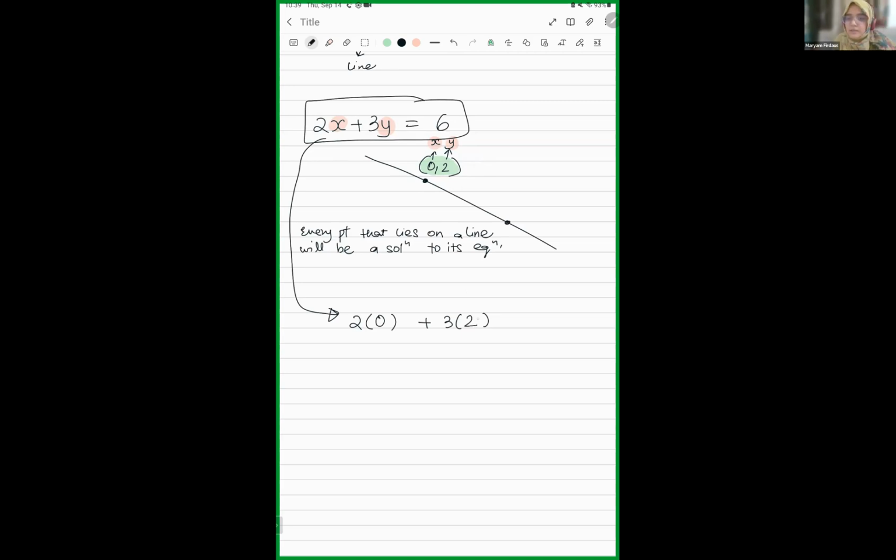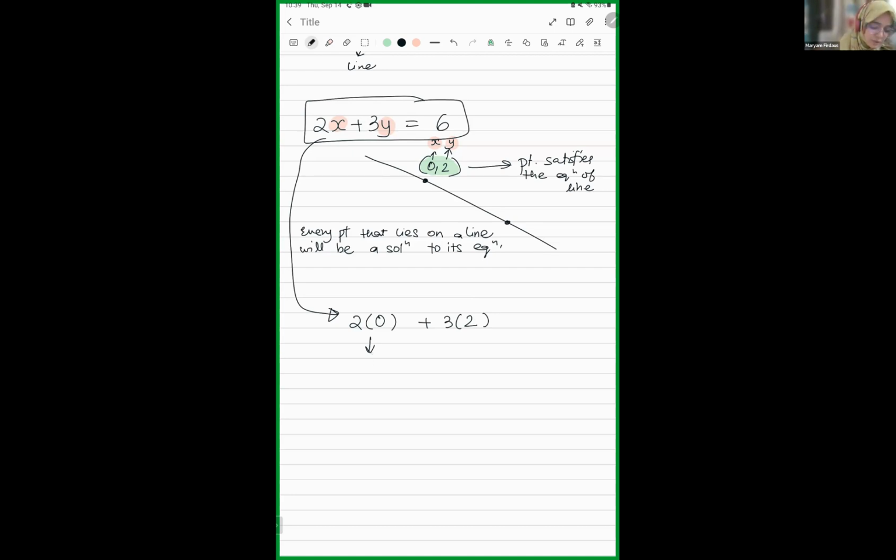Now this should be equal to 6. If it is equal to 6, we say that this point satisfies the equation of the line, if LHS is equal to RHS. So what is 2 into 0? 0.